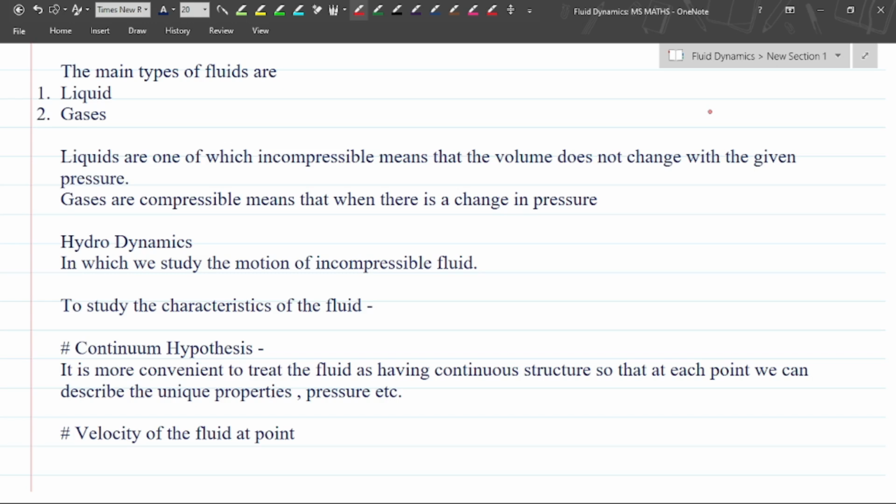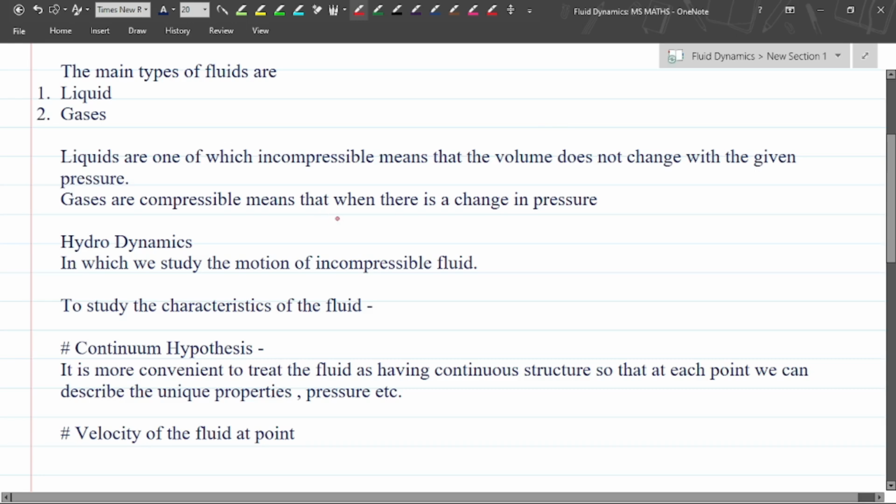So liquids can't be compressed by any given pressure. On the other hand, gases are compressible, which means that when there is a change in pressure, there is a change in volume.